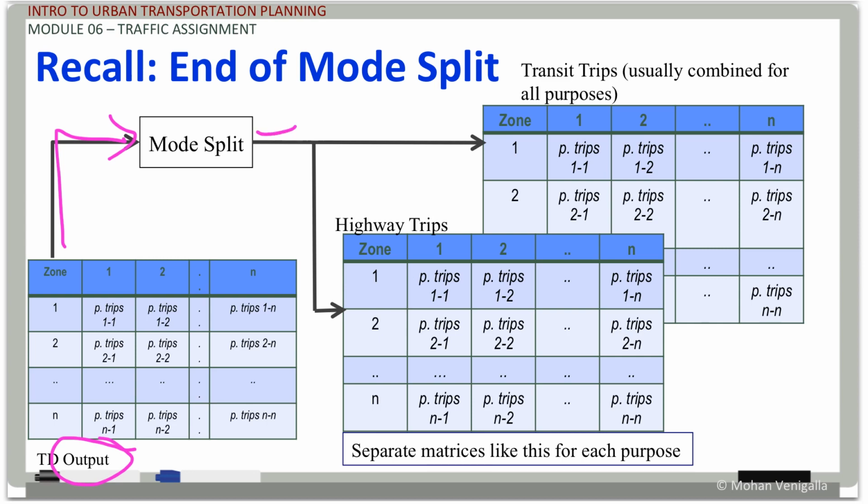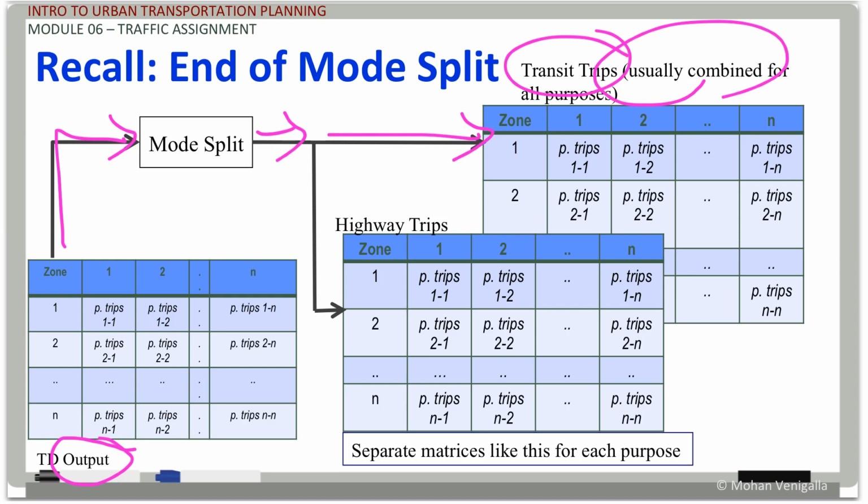So when you process this through, you will have two types of outputs that come out. One is a transit trips table. Usually what they do is transit trips they combine for all purposes because they're going to be person trips. If two people go by bus, both of them get on the bus.